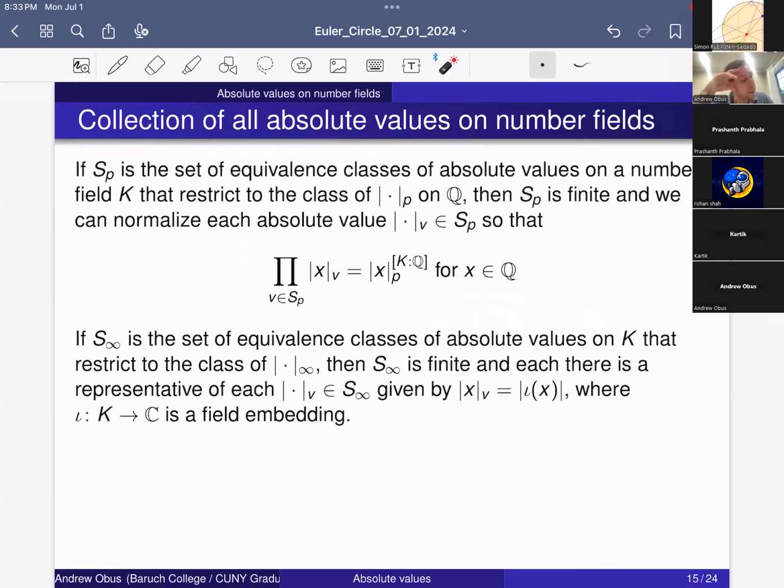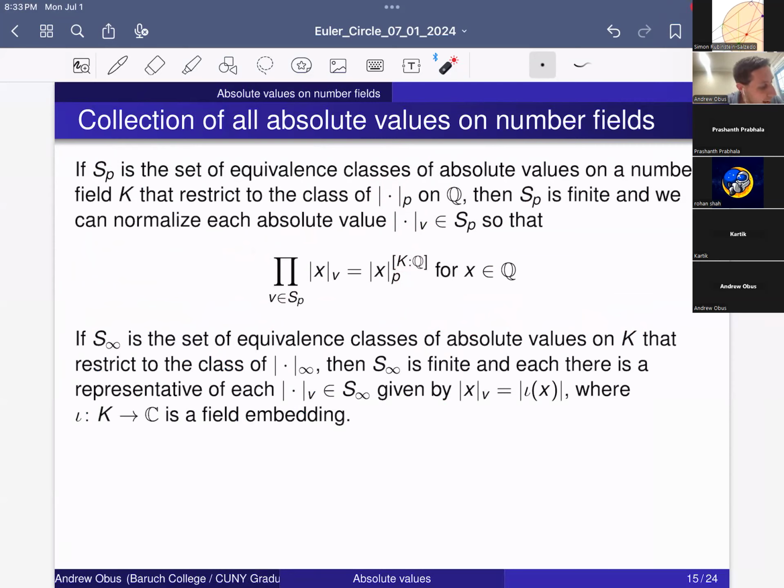Then, as I said, S_p is finite, and there's a way of normalizing each one, meaning I can pick an equivalent one. So I have a whole family of equivalent absolute values. I can pick them so that the following equation is true.